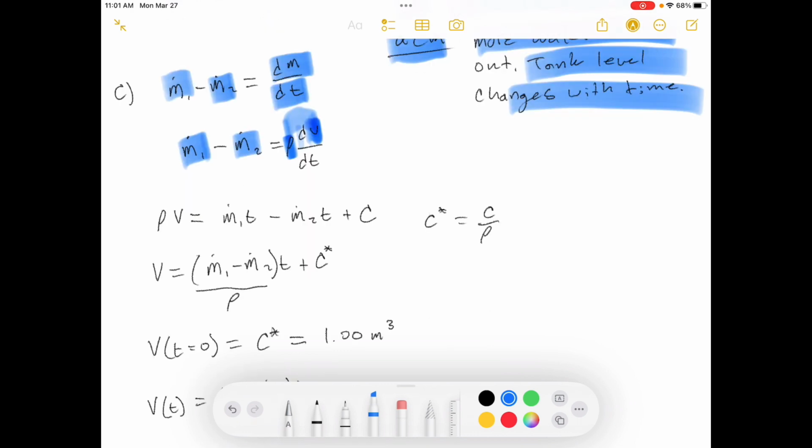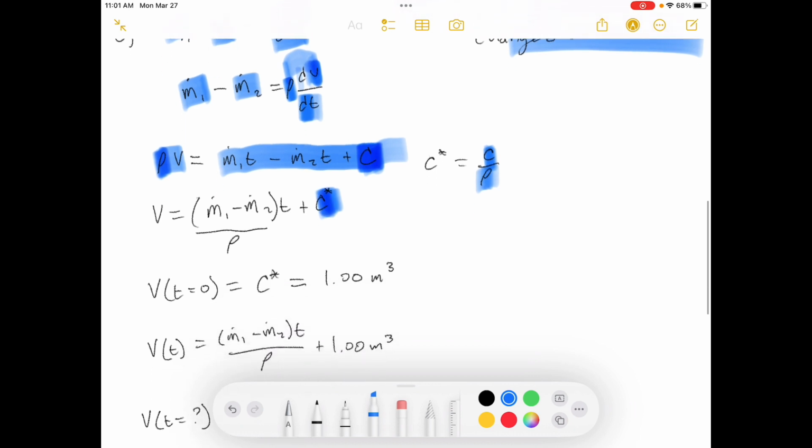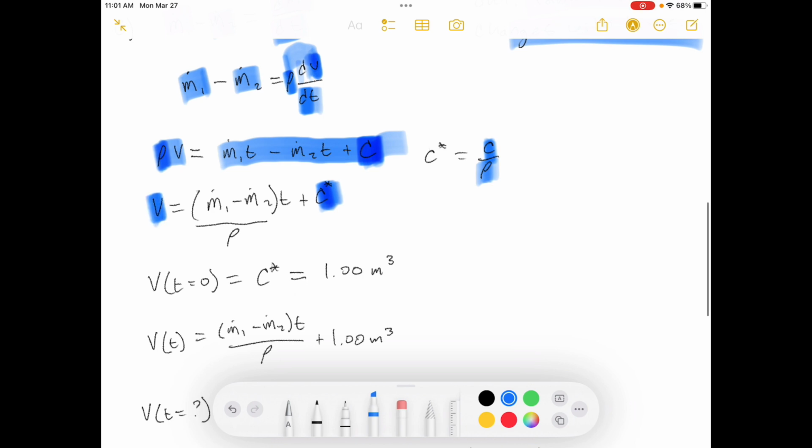Now we can integrate with respect to t, and we get this function. Don't forget the integration constant. Then we divide by our density here, and we get C star. C star is this C divided by rho. It doesn't really matter, they're both constant, so this is just our new constant. And now we have a volume function with respect to time.